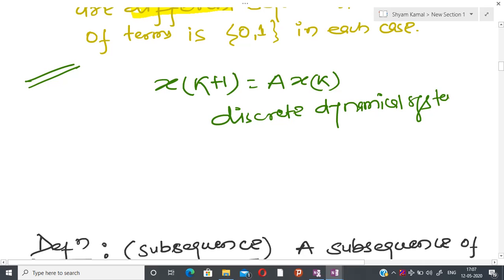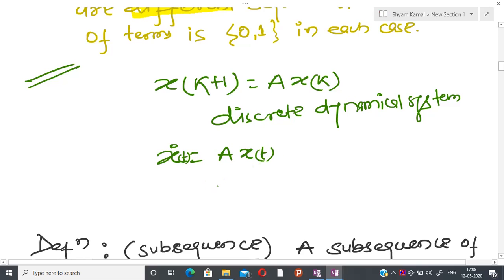You can understand this system like this: suppose that I have an autonomous system that is represented by the differential equation x dot equal to ax, and here x is a function of time.